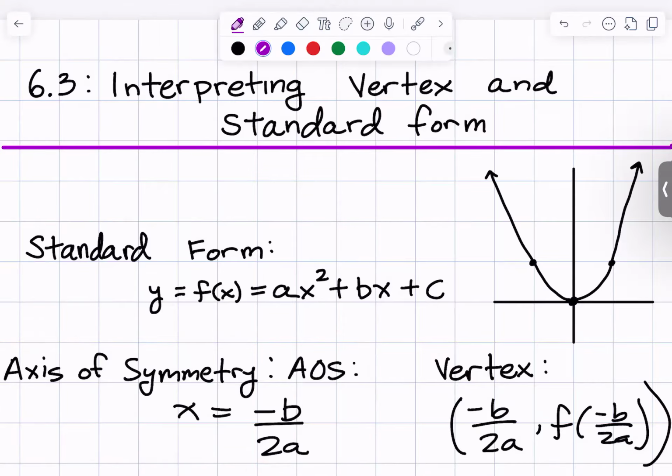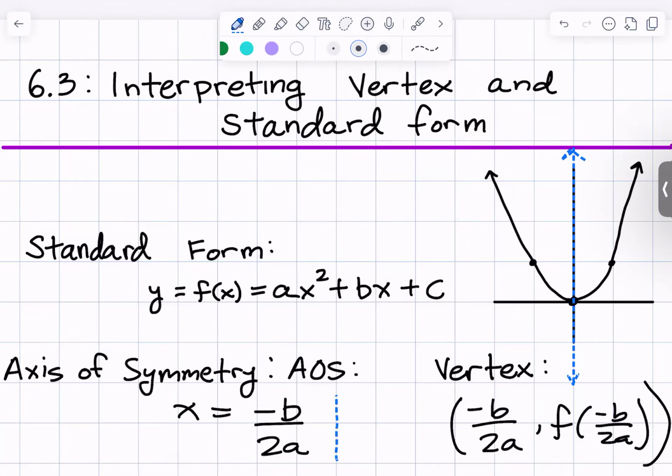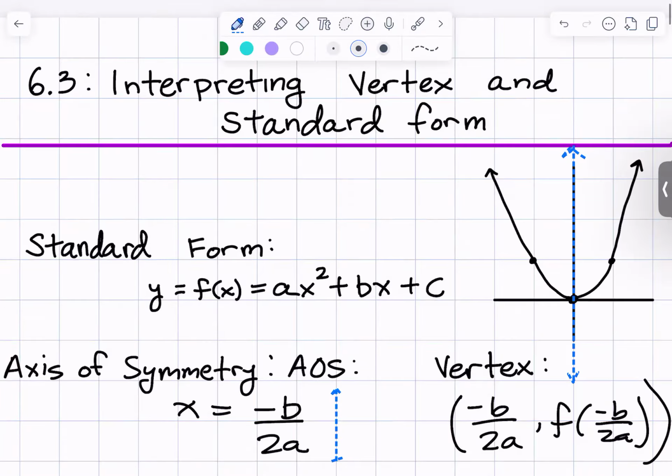And remember that last class we talked about there's a special line, a vertical line that cuts it, called the axis of symmetry, right? So this line, the blue line, you can find it by plugging in x equals negative b over 2a, okay, to find that specific point.